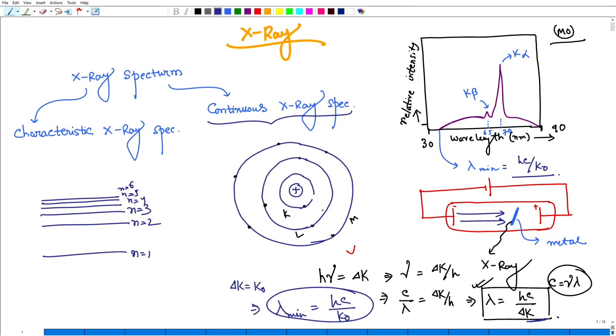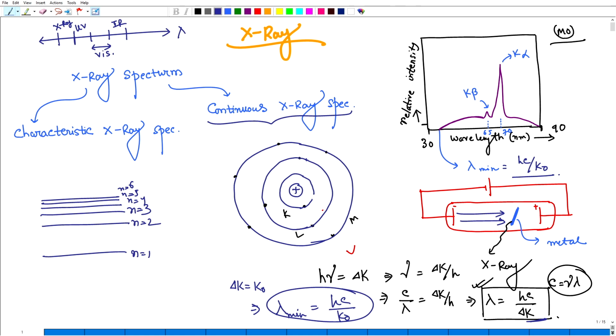So you can see the energy gap between two successive levels decreases as n increases. Now, if you look at the spectrum, after the visible range there is ultraviolet, and after ultraviolet there is X-ray. So the wavelength λ of X-ray is very small, so the energy will be higher. That means the energy gaps would be higher.